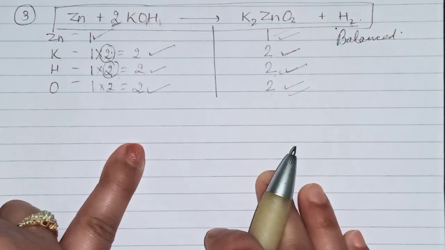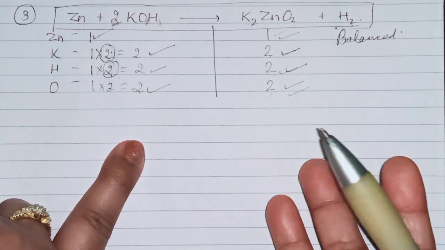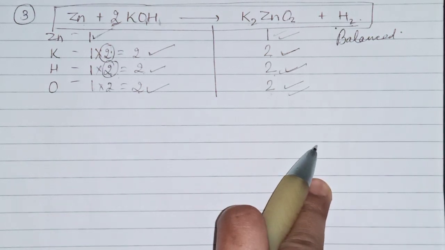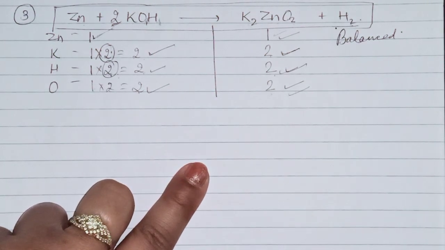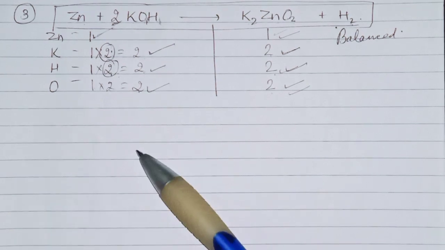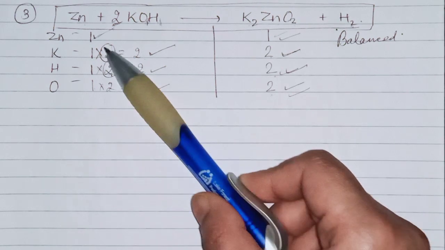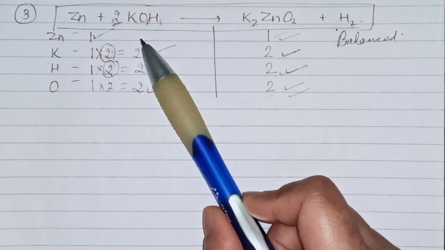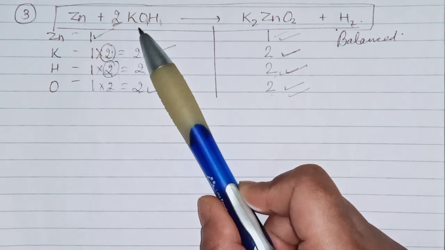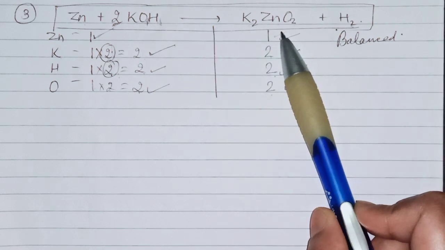Now why balancing? What is the importance of balancing? Why is it done? It gives the exact number of atoms or molecules which are taking part in the reaction and which are formed.